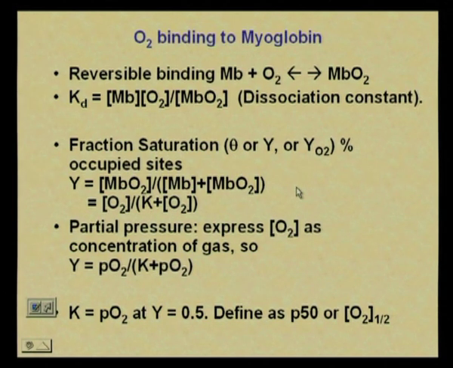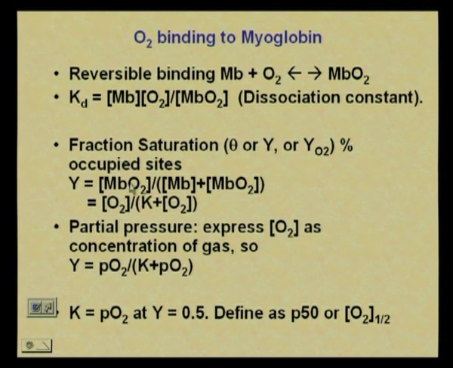Why don't you work out a fractional saturation? Suppose you want to know the fractional saturation, say Y. What is Y? Y is going to be equal to MbO2 divided by Mb plus MbO2, right?